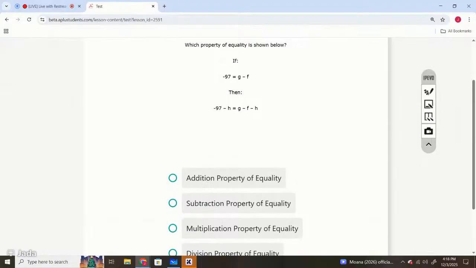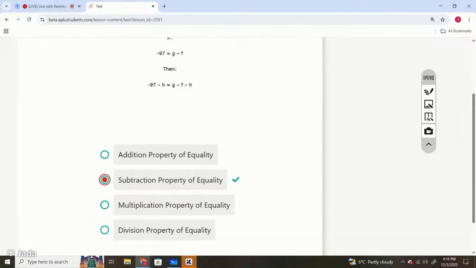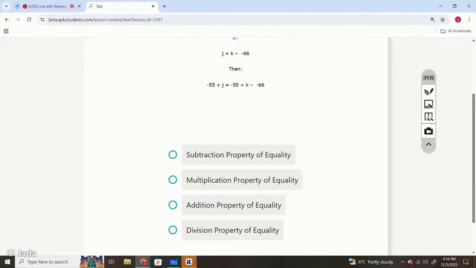Then negative 37 minus H equals G minus F minus H. So we are subtracting H on both sides. So subtraction property of equality, the correct option is option number 2. That is subtraction property of equality.